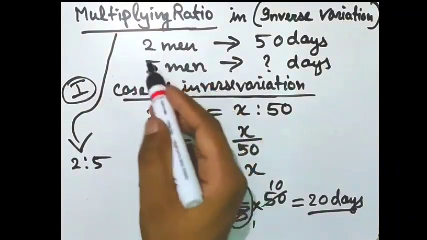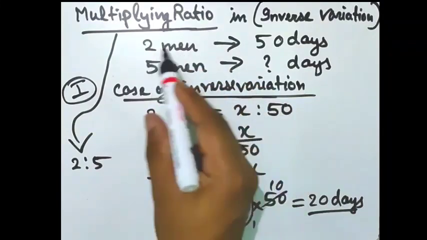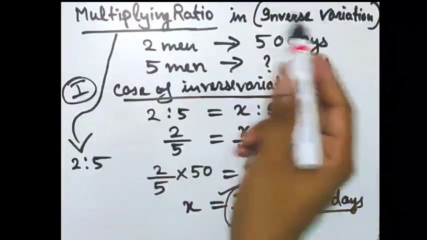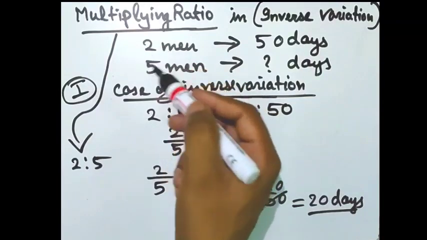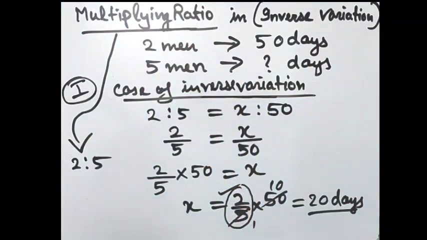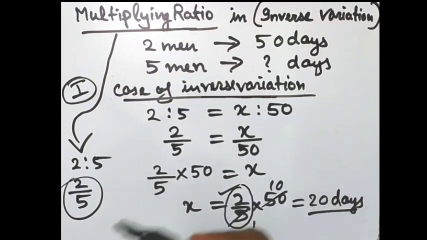Here we are not doing the inverse, right? That was in direct variation. When we are finding the multiplying ratio, there it was the inverse of the two values, but here the multiplying ratio will be the same. So 2:5 is 2 by 5. So simply we can multiply 2 by 5 with 50 to get 20 days. So let's apply the multiplying ratio method.